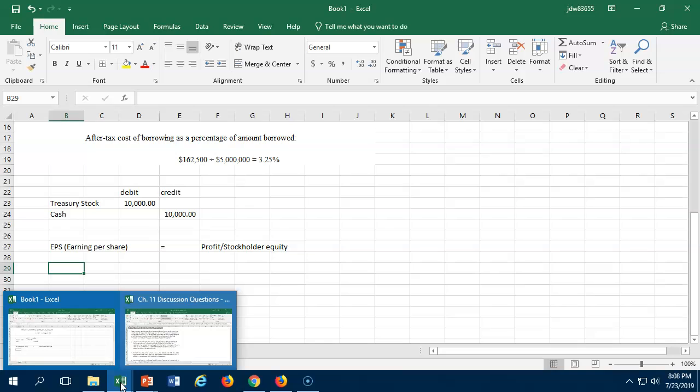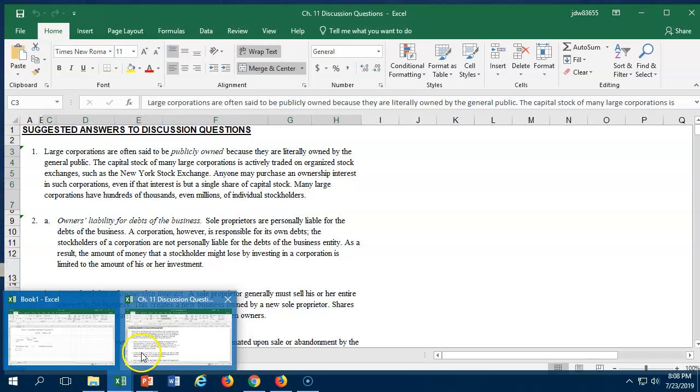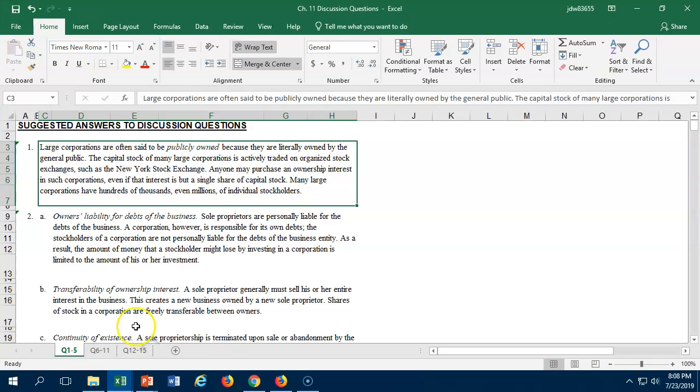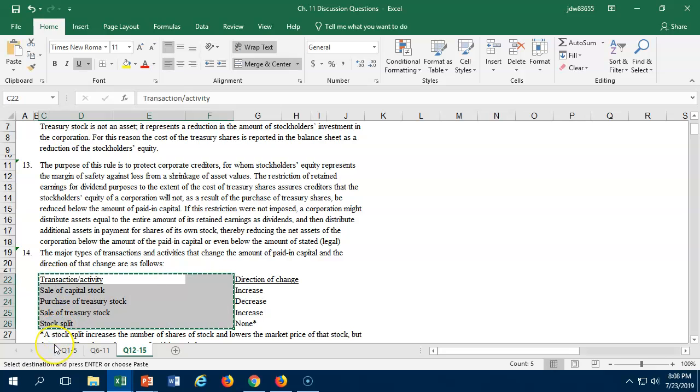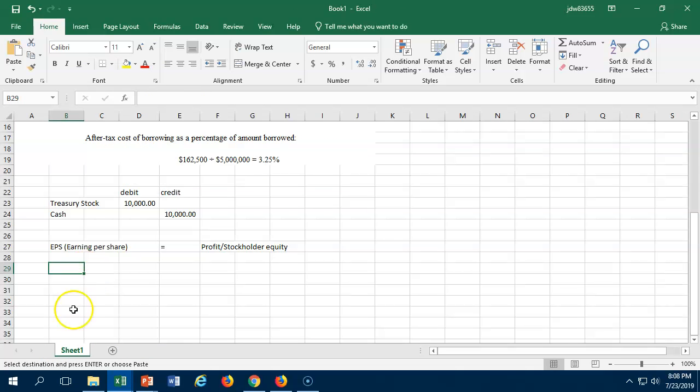Is anyone finding anything in the text? I think by your silence, maybe not.